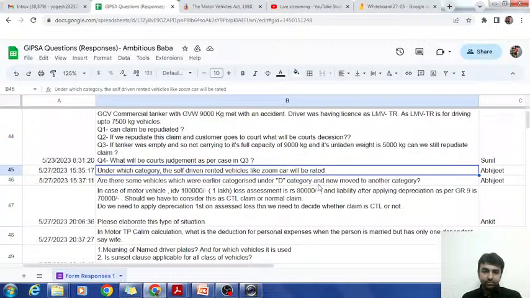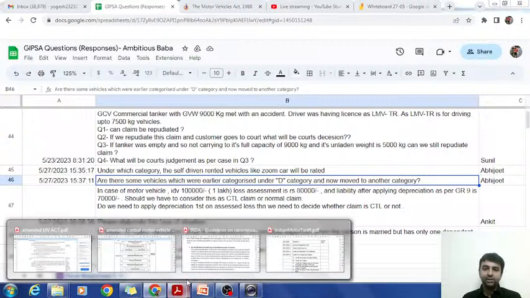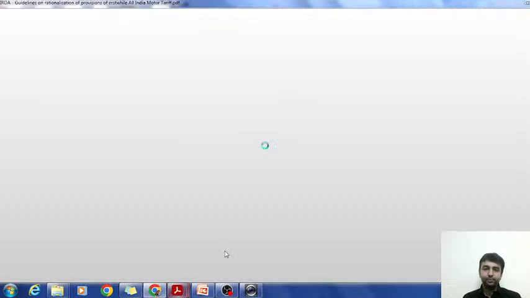Next, there are some vehicles which were earlier categorized as D and have now moved to another category. Yes, there are 7 such vehicles. I will show you the IRDA circular.